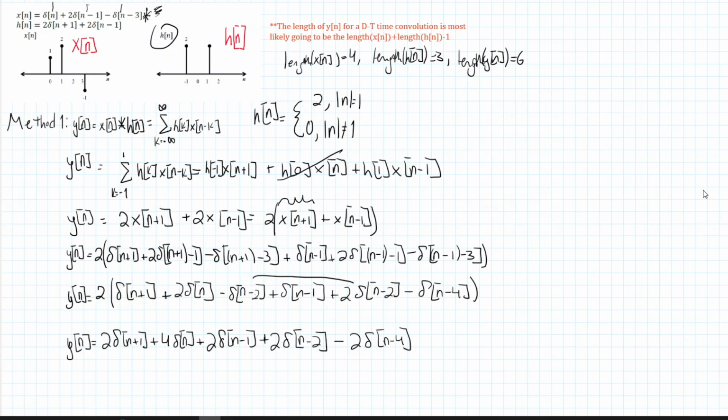So if we want y at n equals negative 2, now we just plug n equals negative 2 into this formula right here, and it spits out a number, and that's what it is. So we can do that. We can do y negative 2.